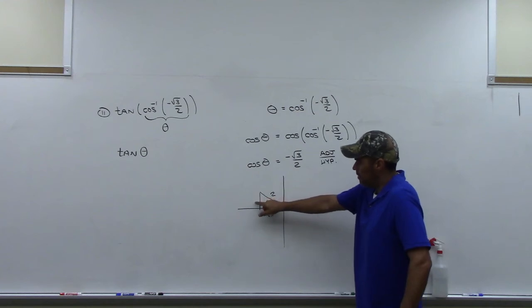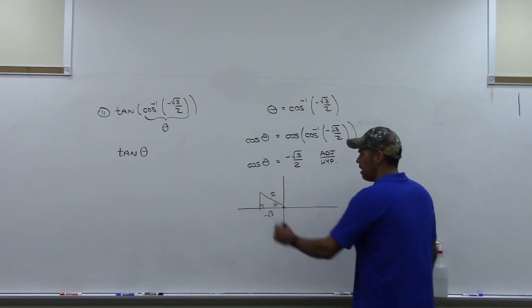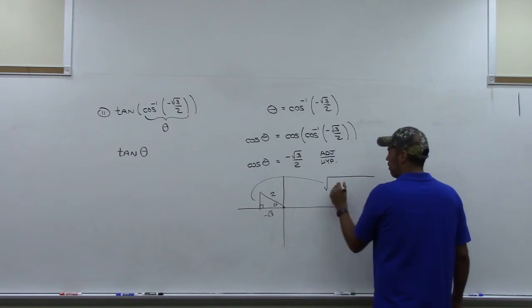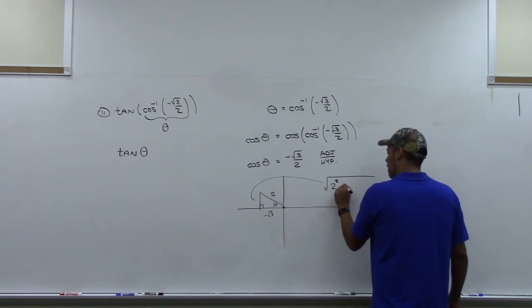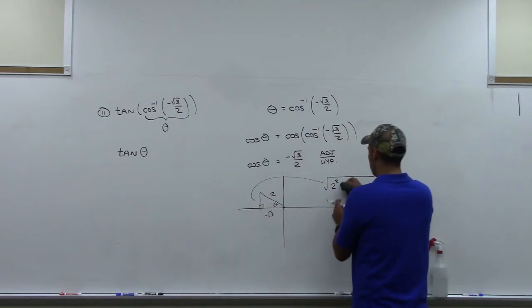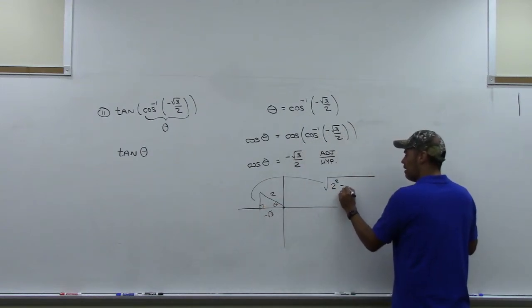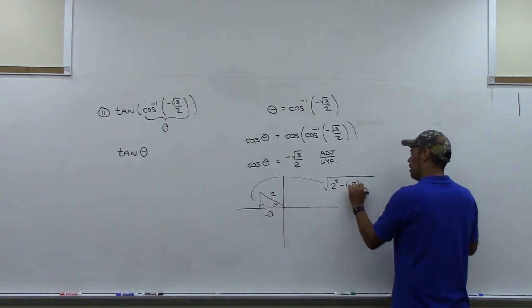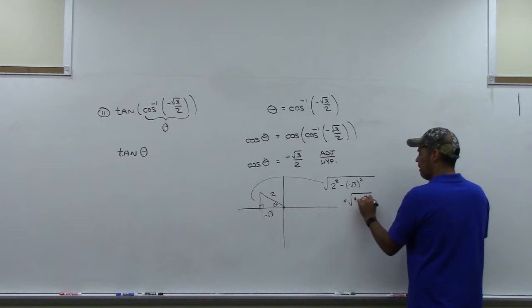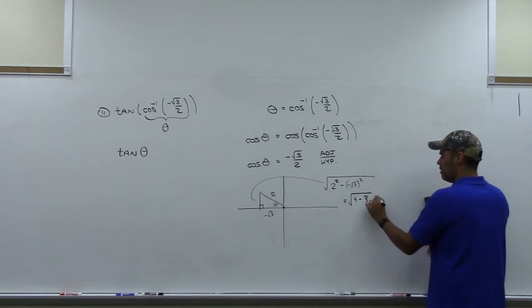Now we need to figure out what this side is. By the Pythagorean theorem, this side is the square root of 2 squared minus the negative root 3 squared, because we're solving for one of the shorter legs. So this is the square root of 4 minus 3, because when you square that, you just get 3, and this should be 1.